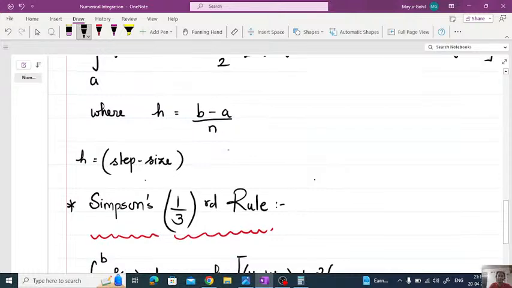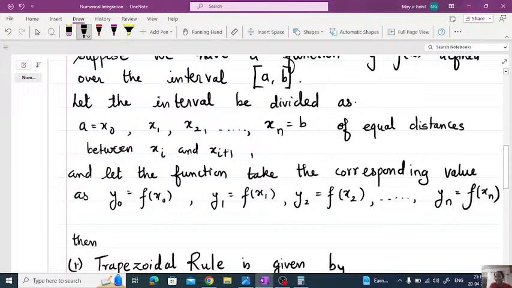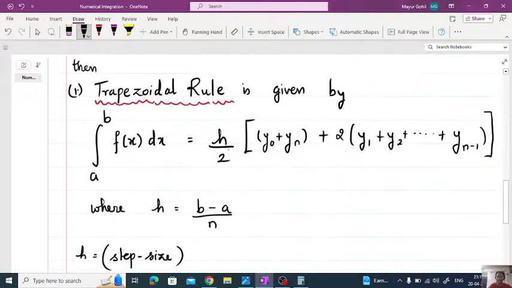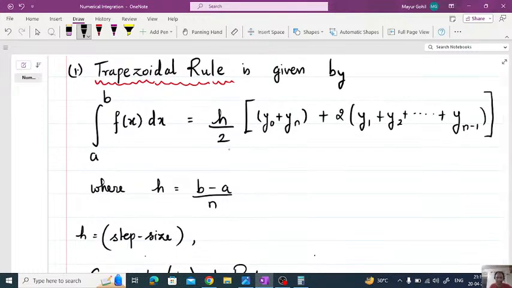n is the number of partitions in which you will break your interval. I will get to that. N is already defined: x0, x1, xn. How many parts you break up, that is n. Basically, if you want to be precise, n is the number of ordinates you have.